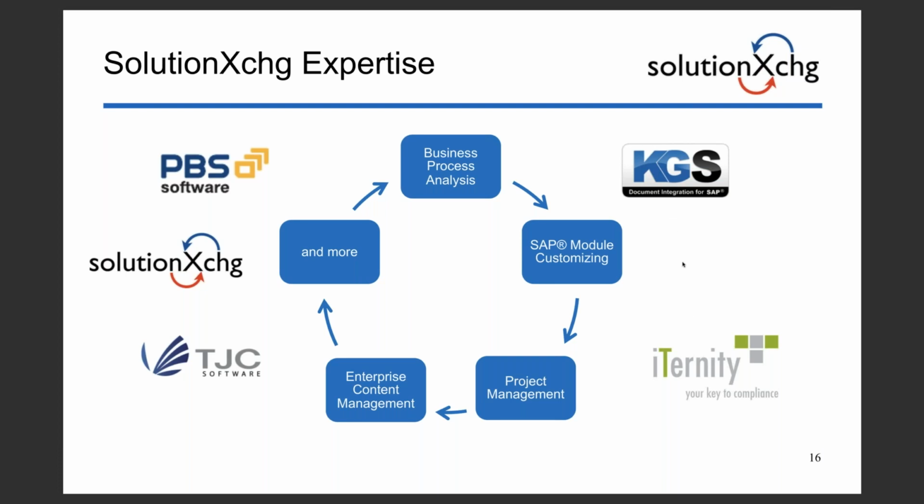We favor Eternity, which provides secure SAP storage software that allows you to turn any hardware storage into a compliant storage device. TJC software has all tools and additional functionality around data archiving.